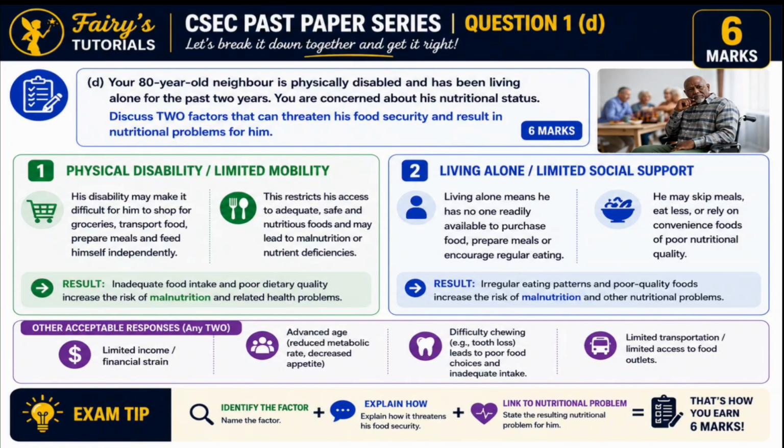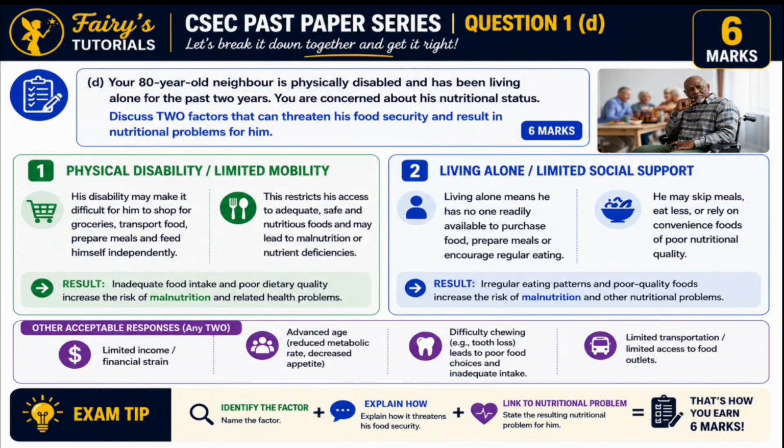Good. Now, the result: inadequate food intake and poor dietary quality increase the risk of malnutrition and related health problems. Good. So when you identify the factor, you get 1 mark there, and your discussion, you pick up another 2 marks. Good. So in all, you get 3 marks per factor.